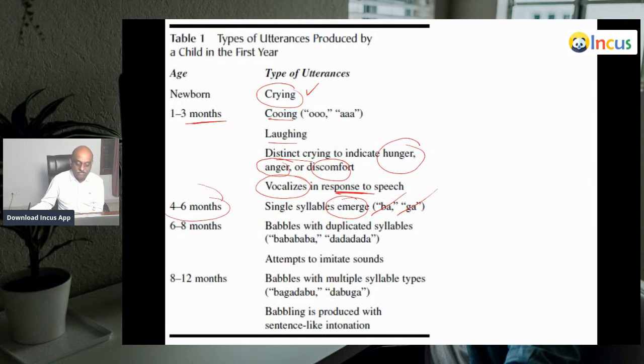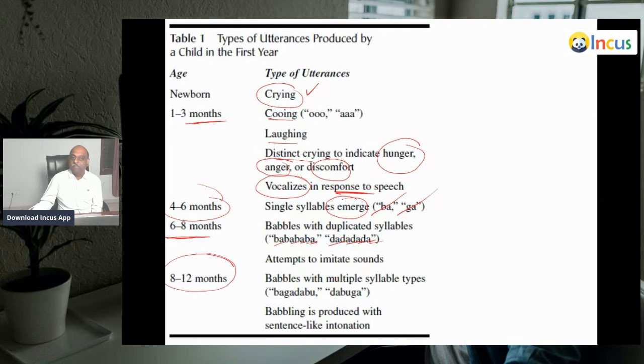He babbles with duplicated syllables, 6 to 8 months. Ba ba ba ba ba, da da da da da, 6 to 8 months. And he attempts to imitate the sounds.